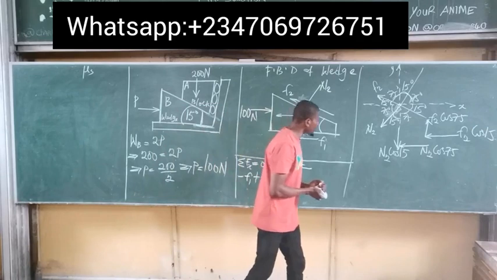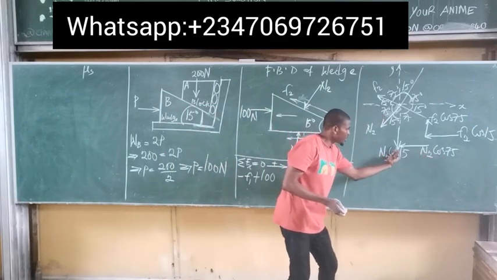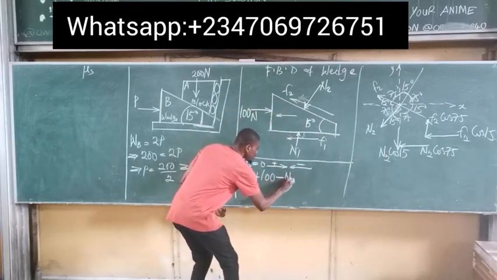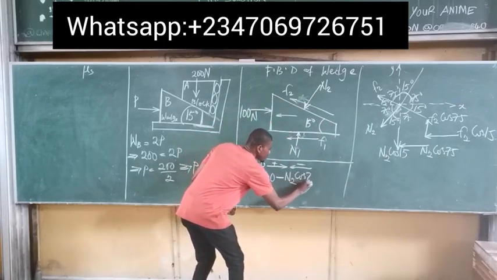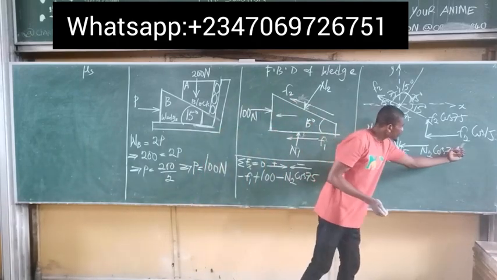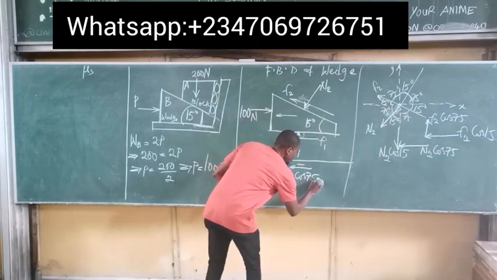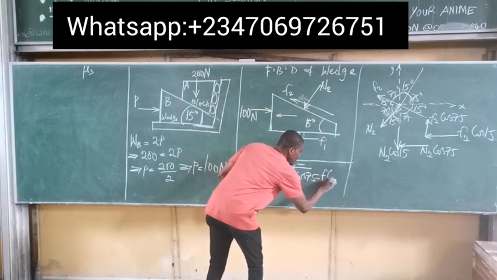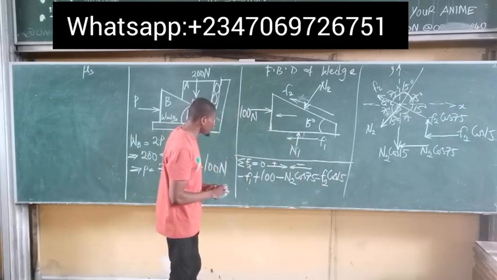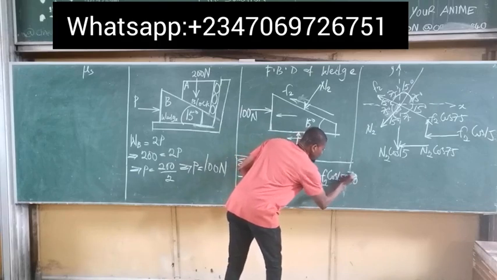I also have N2 cos 75 pointing to the left, minus N2 cos 75. I also have F2 cos 15 pointing to the left, minus F2 cos 15. I think these are the only horizontal forces we have. So the whole of this is equal to 0.